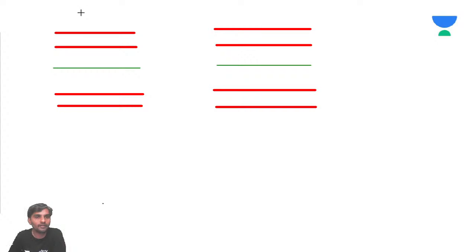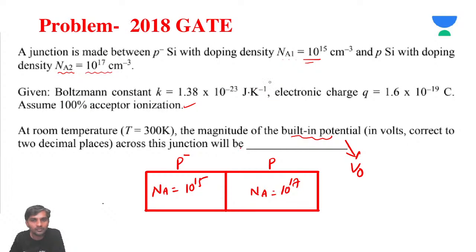Let's say this is P minus and this is P. This is EFi, the Fermi level of intrinsic concentration. He has Na equal to 10 to the power of 15 and 10 to the power of 17.